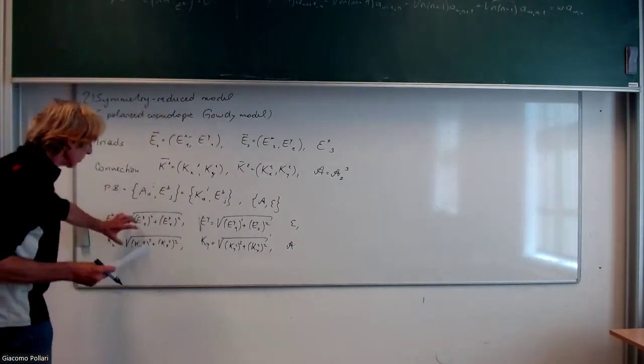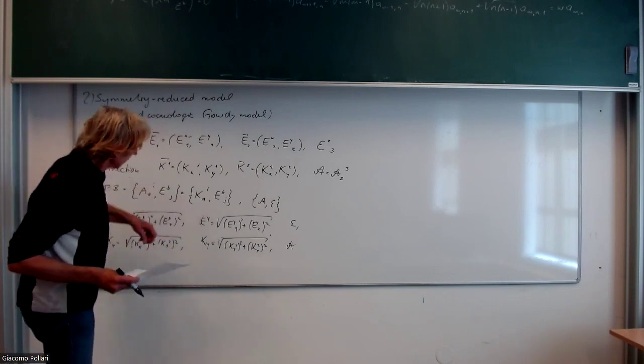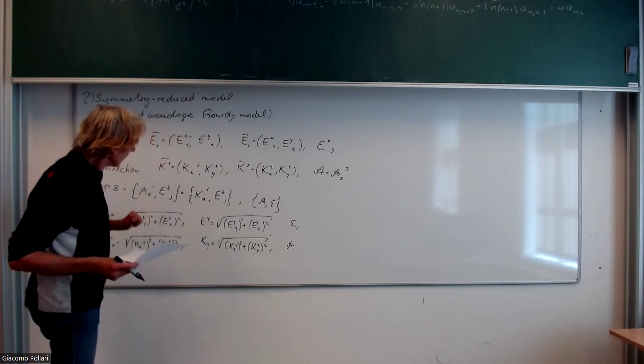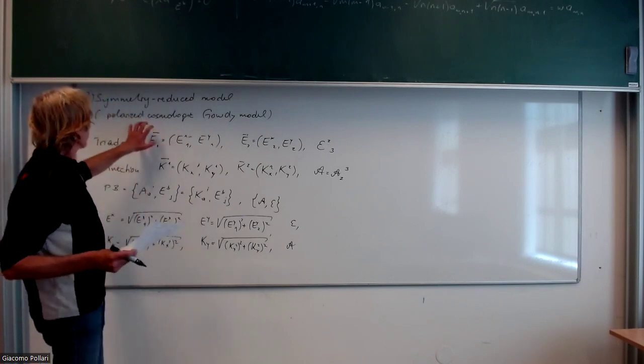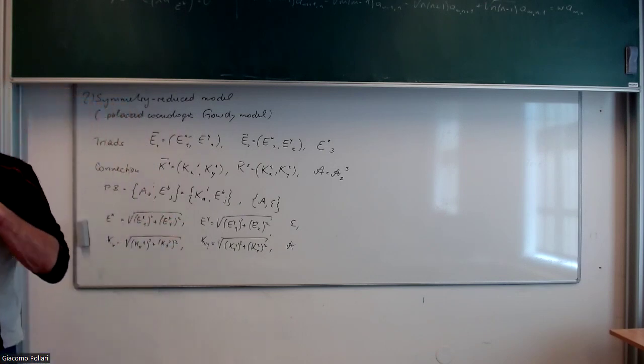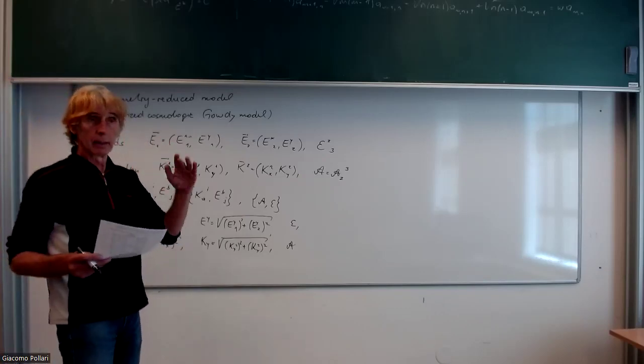So these are radial variables. There is also an angular variable, but it is taken care of by the Gauss constraint. The polarized model means there would still be an angle, a gauge rotation around the z-axis.